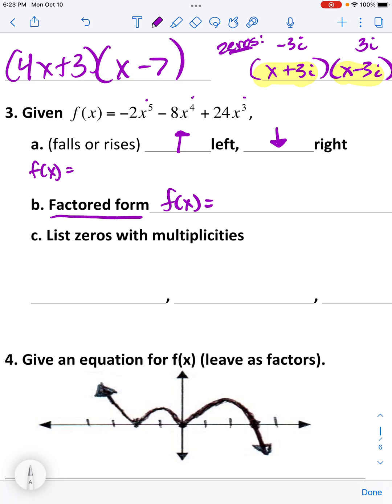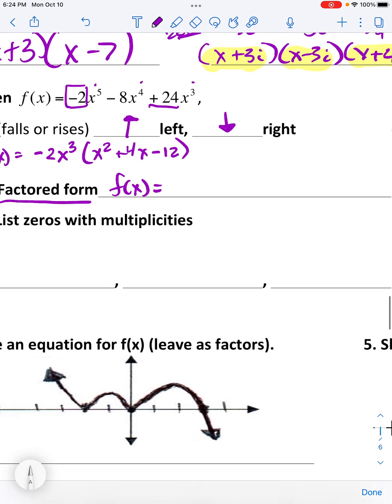Okay, then I'm going to pull out my greatest common factor, which looks to be -2x cubed. That will leave me with an x squared, a negative, because I'm pulling out the negative, which is always what you want to do. I made you swear to do that last time. So I'm pulling out the negative with my GCF. That'll turn this into a positive 4x, and that'll turn this into a -12.